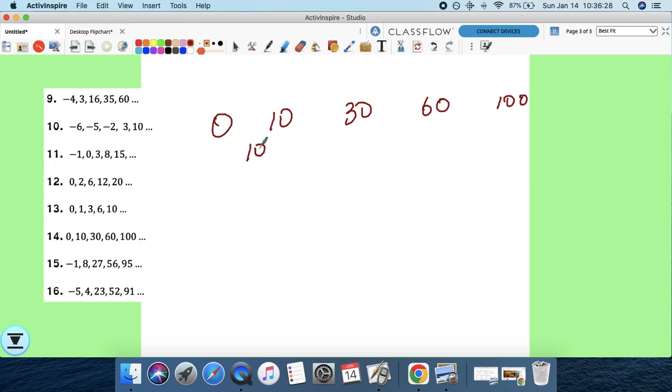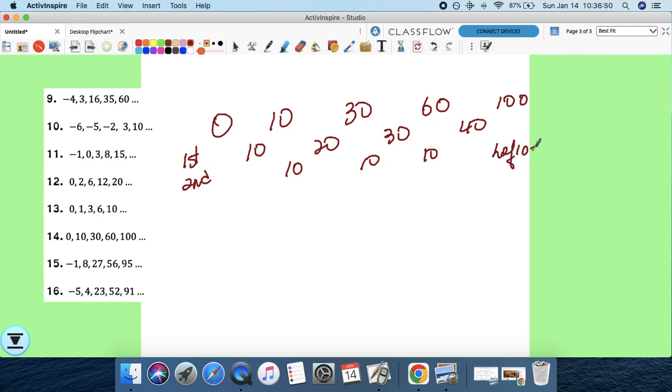So this is plus 10, plus 20, plus 30, plus 40, obviously not linear, so the second difference is plus 10, plus 10, plus 10.